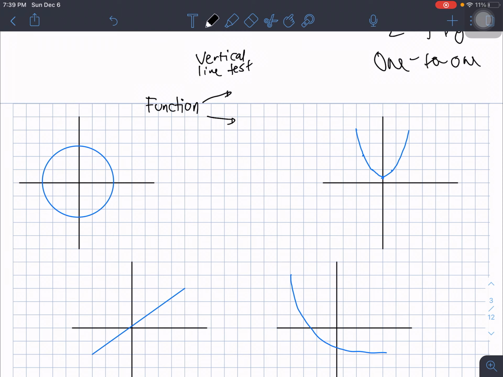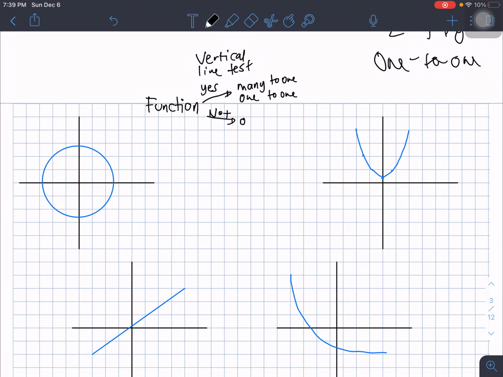If it passes the vertical line test, then yes, it is a function, so it will be either many to one or one to one. If it does not pass the vertical line test, then it is not a function.